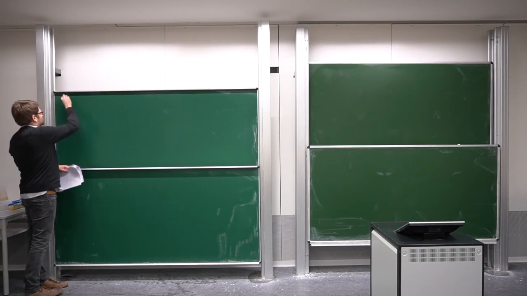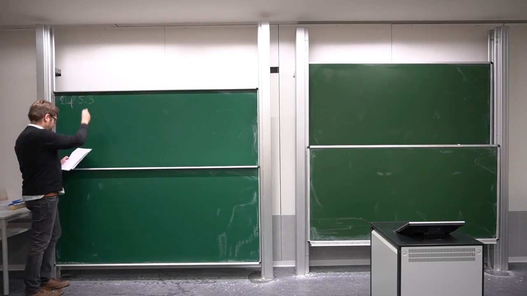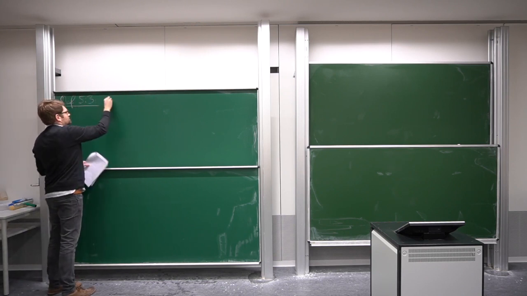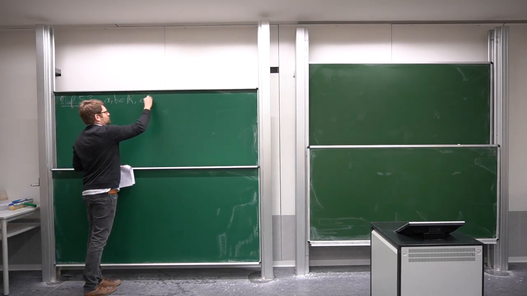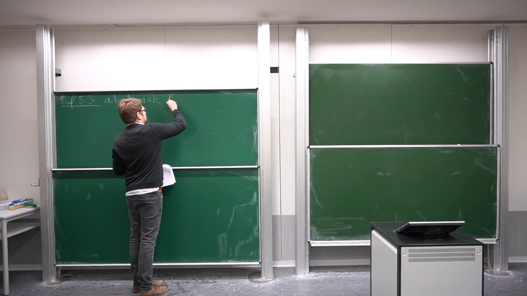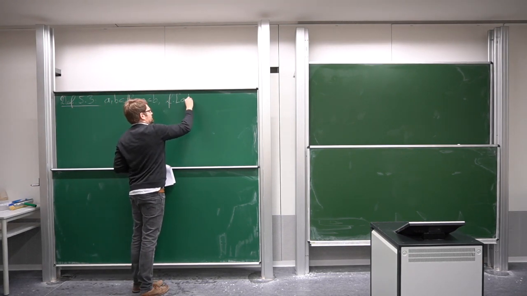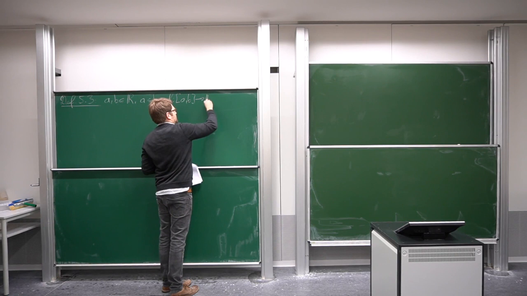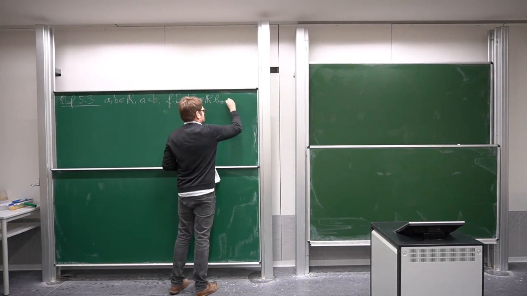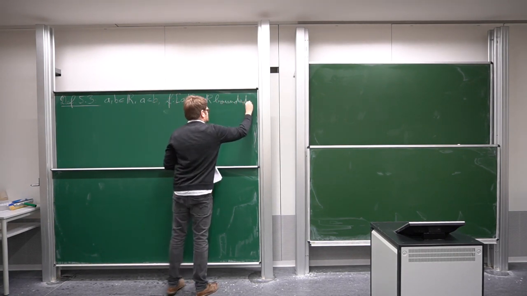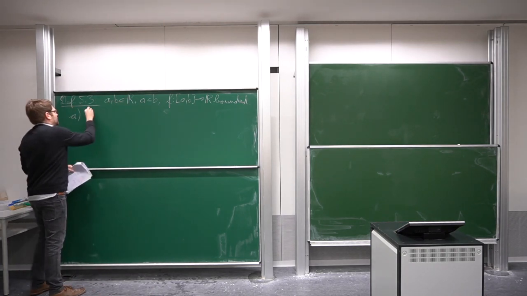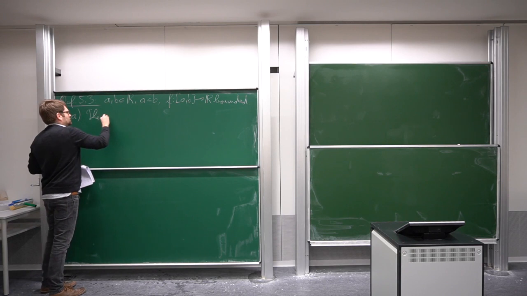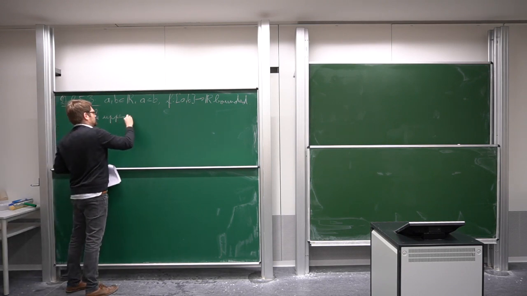Let's go towards integrals. Definition 5.3. Same setting: we have a, b in R, a smaller than b, and a function f from [a,b] to R, which is bounded. We want to define the so-called upper integral with the help of upper sums.